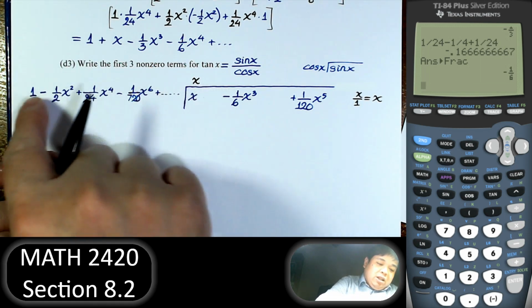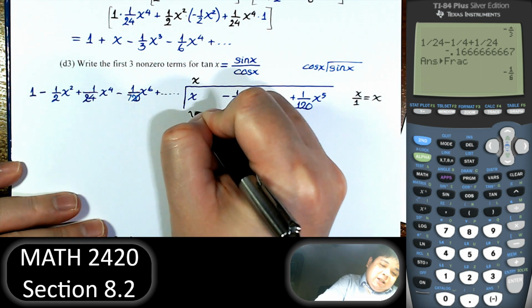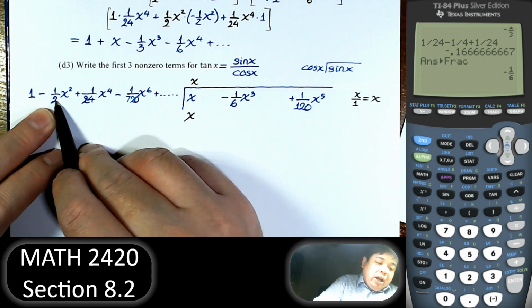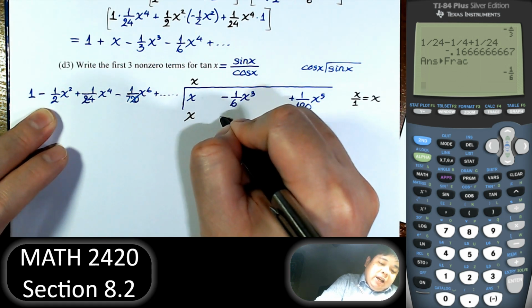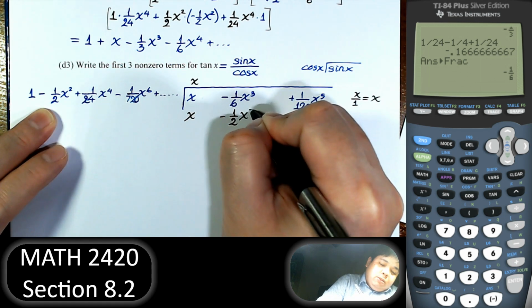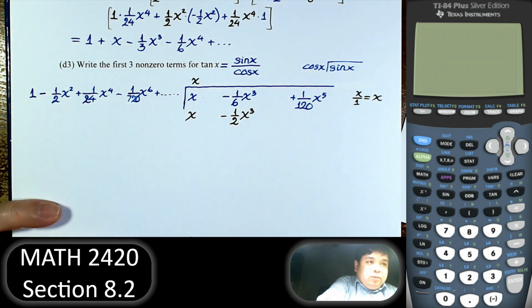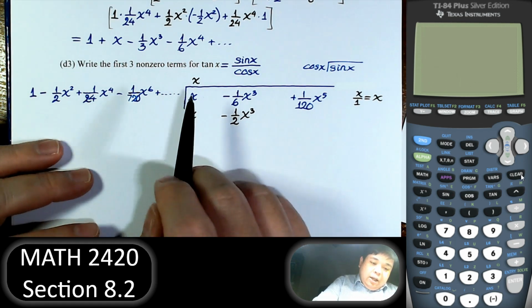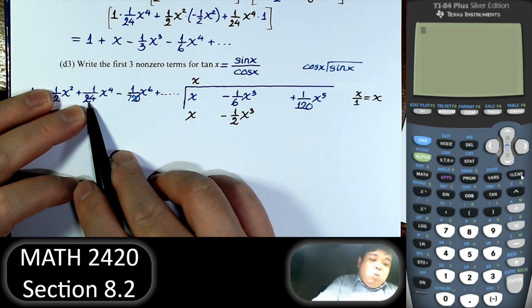So x times 1 is x. x times negative 1/2 x squared is negative 1/2 x cubed. And x times that is 1 over 24 x to the 5th.